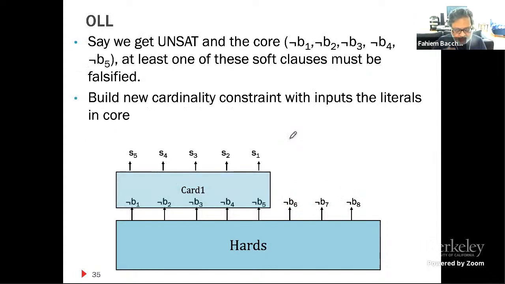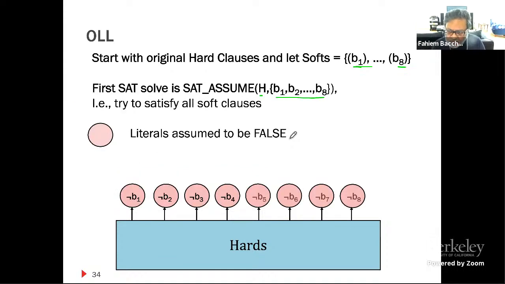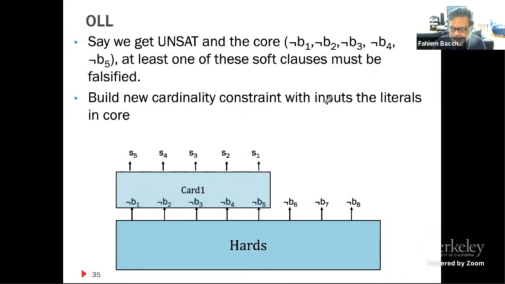Now suppose you get unsat. I can't satisfy all 8 soft clauses. And I get back some subset of these assumption literals negated, which is implied by the formula. Let's say that I can't satisfy all of the soft clauses because I must falsify at least one of B1 to B5.